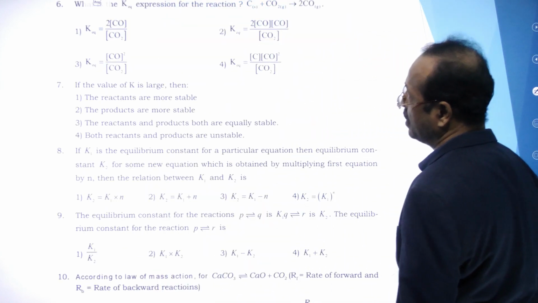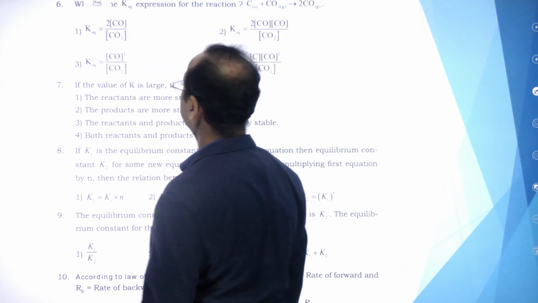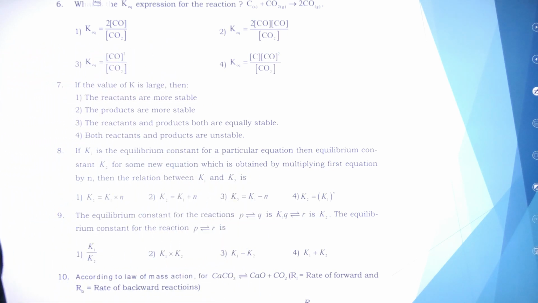Next, what is the equilibrium constant expression for the reaction C plus CO2 gives rise to 2CO?